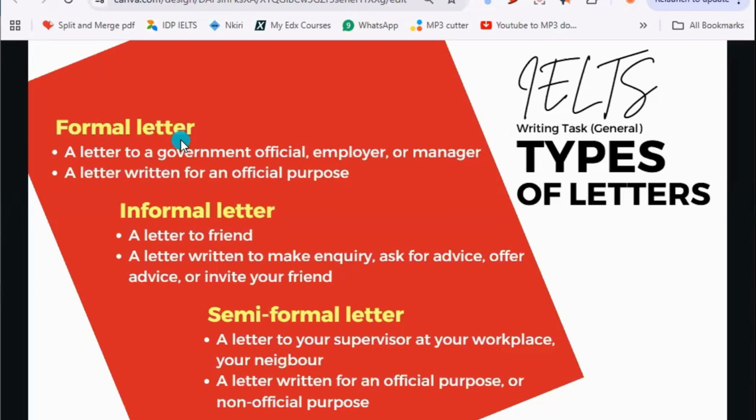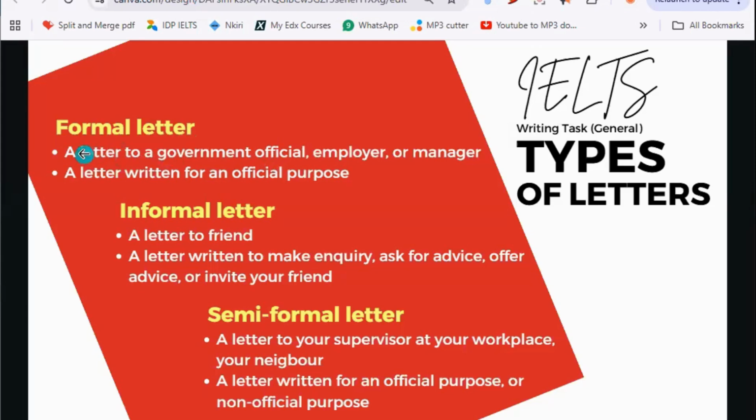It's a formal letter. If it says write a letter to the director of a particular company, or the customer care department, or the marketing manager, that's a formal letter. You understand now?